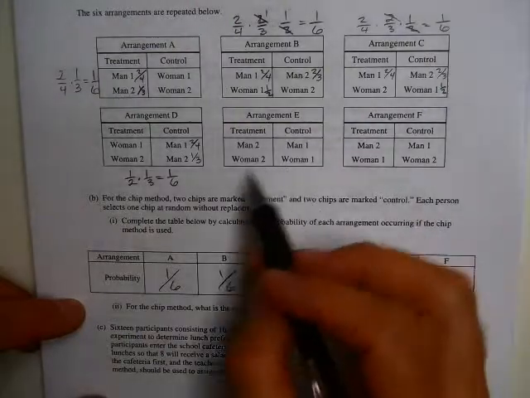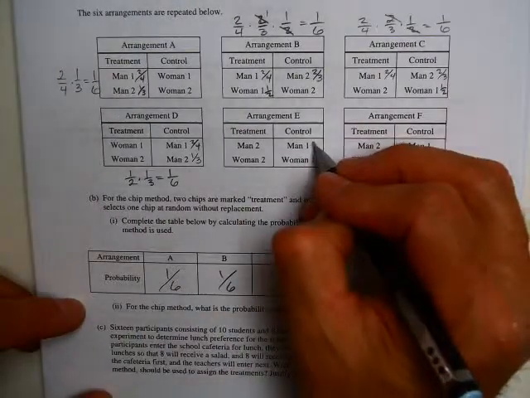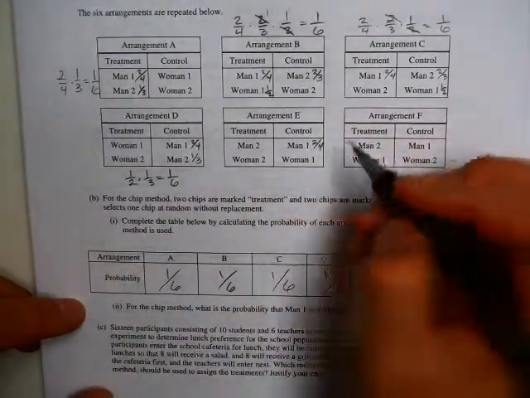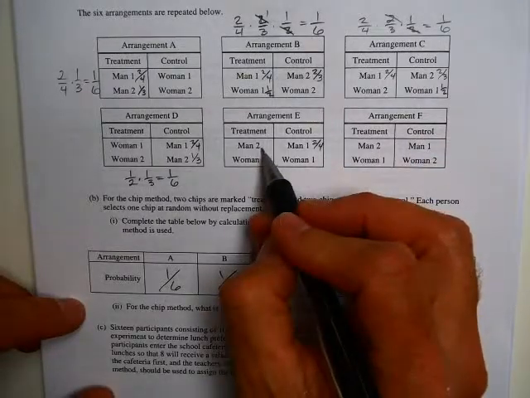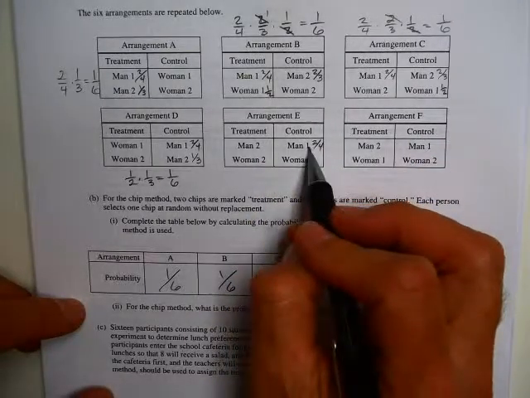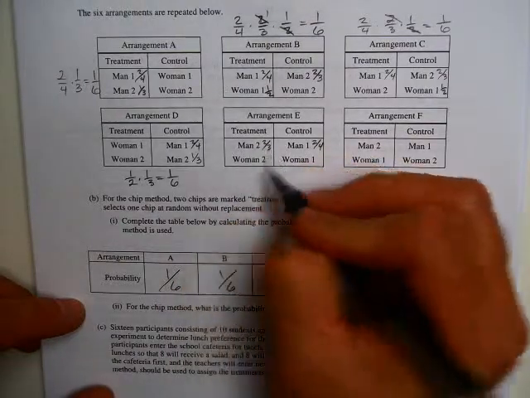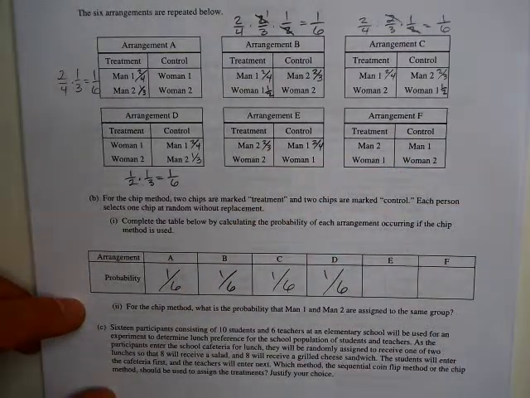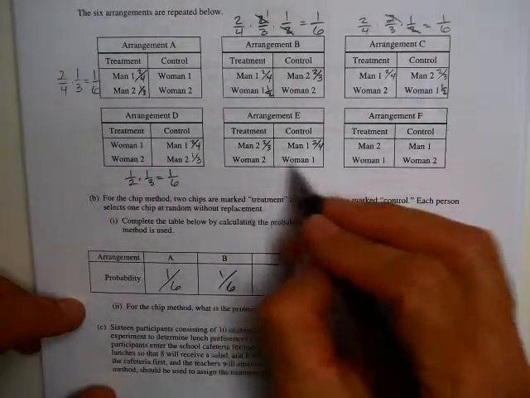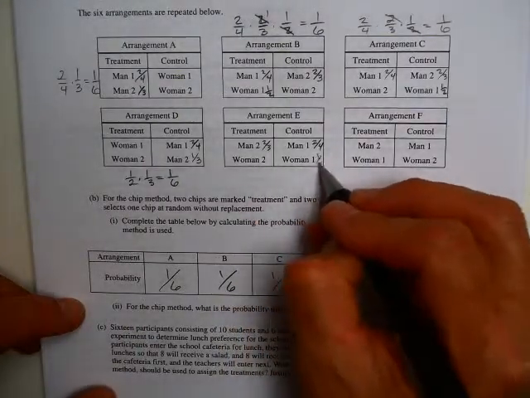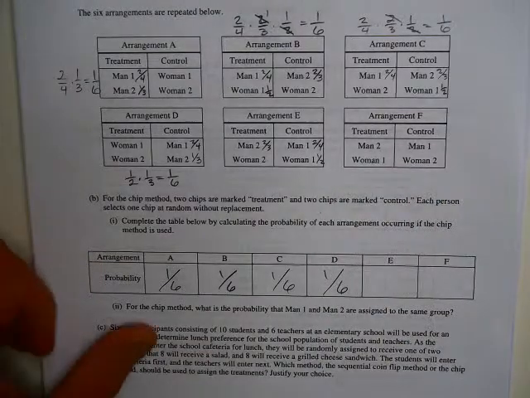Now at this point I think the calculations are all going to be the same. Man 1, 2 out of 4. Man 2, he's pulling one of the control chips out, so treatment has 2 chips left out of 3 available. And woman 1 then has to draw. She's got a 50-50 chance, or a 1 in 2 chance of getting either the control or the treatment.